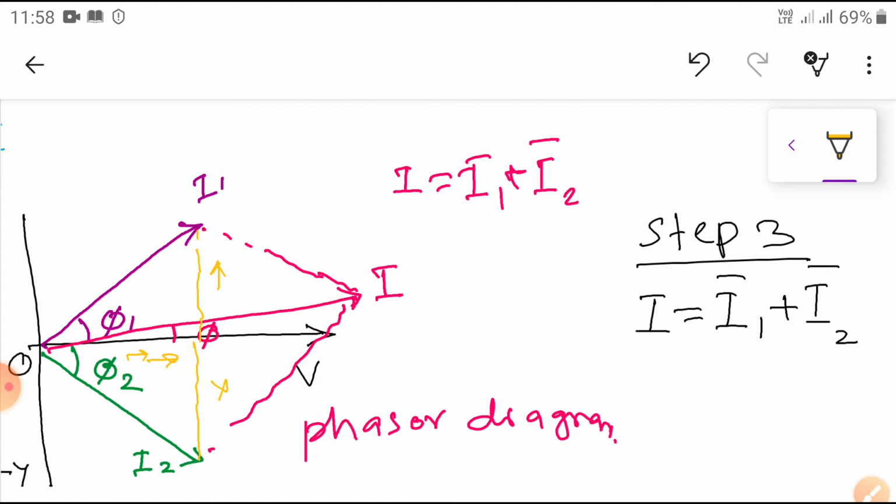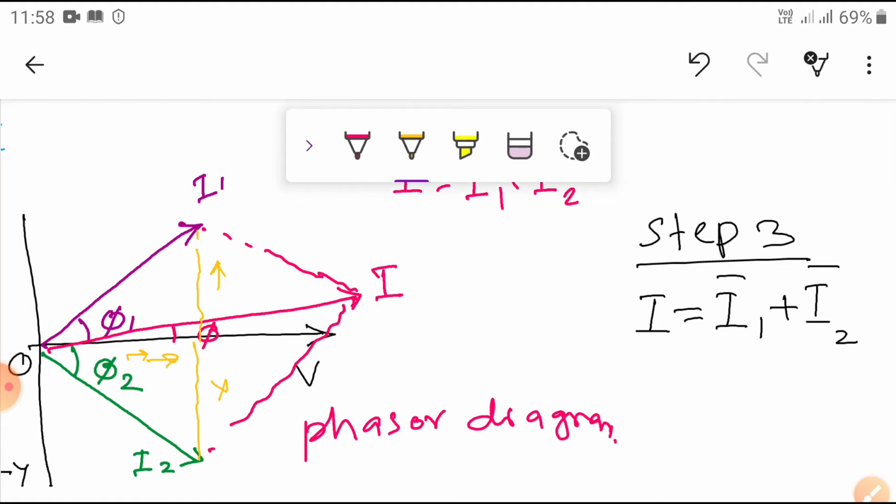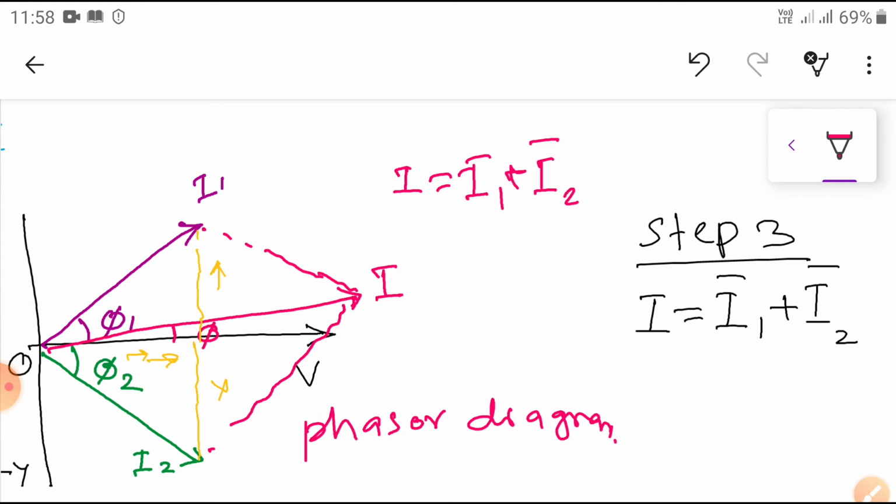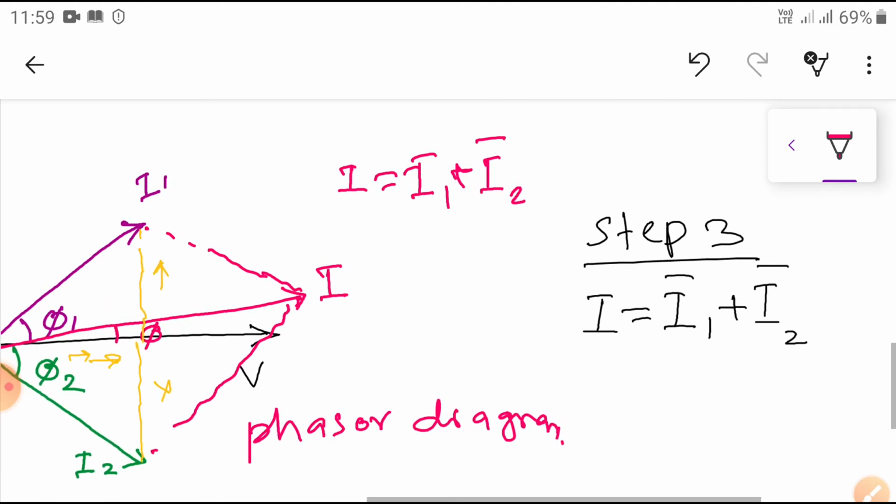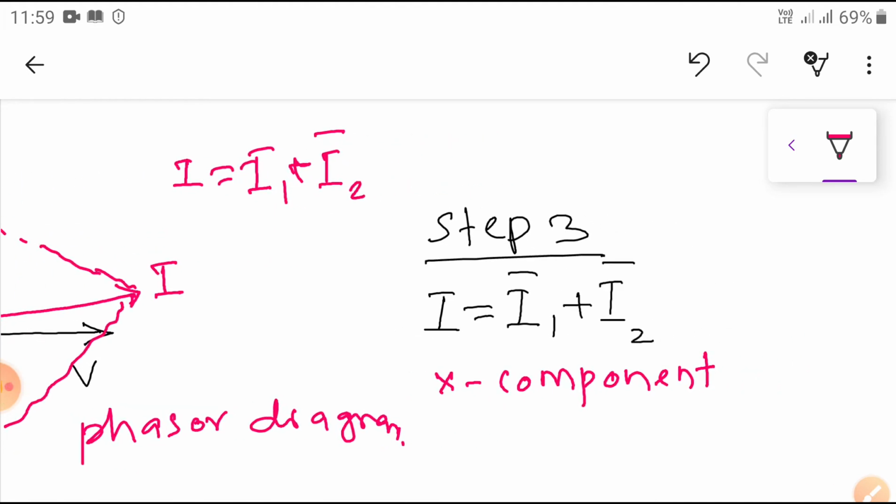That means whatever I1 resolved into the x axis and y axis, here I am going to get the x components, that is equal to the x component of I1 and I2.